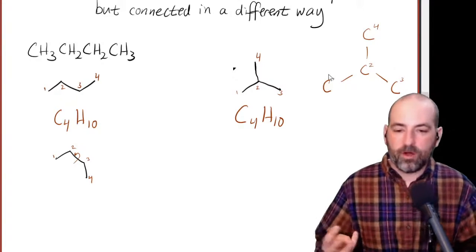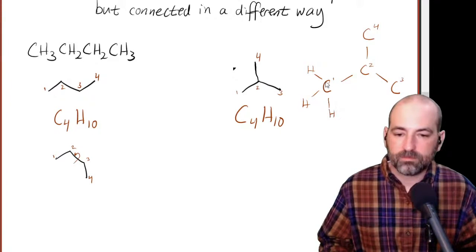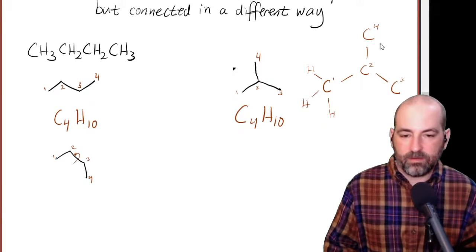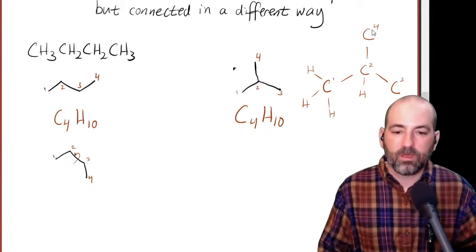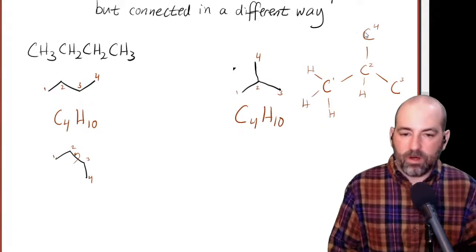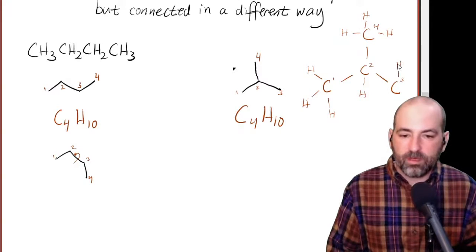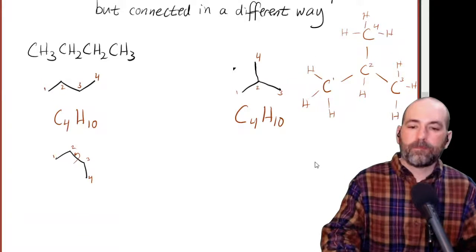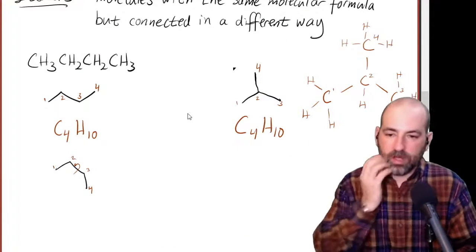We need 3 more, so we add 3 hydrogens. Carbon number 2 has 3 bonds already to the different carbons, so it just needs 1 more hydrogen. Carbon number 4 and 3 then are also going to need 3 more to make sure they all have 4 bonds. So this is now turning into a full Lewis structure here. And that's an isomer. So these two molecules are isomers of each other.